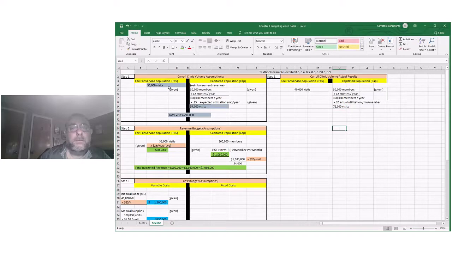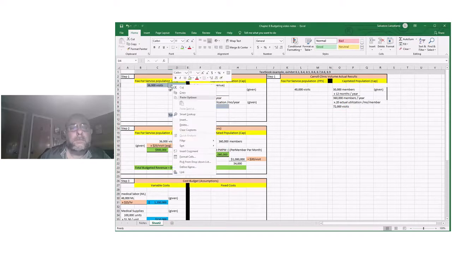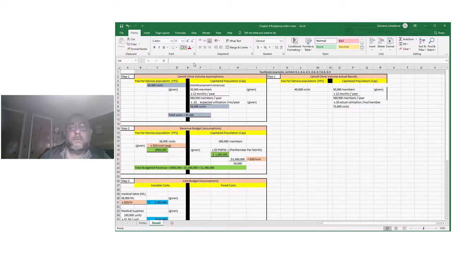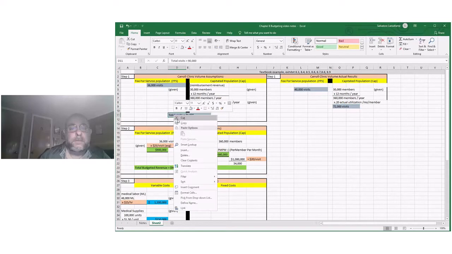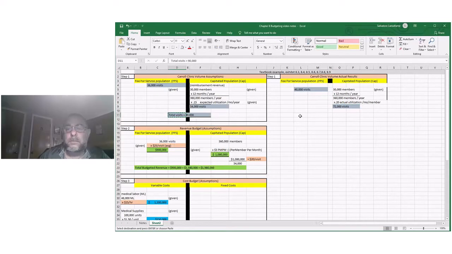Okay, so 40,000 and 72,000 gives the total actual visits. 90,000. Oh, not 90,000.